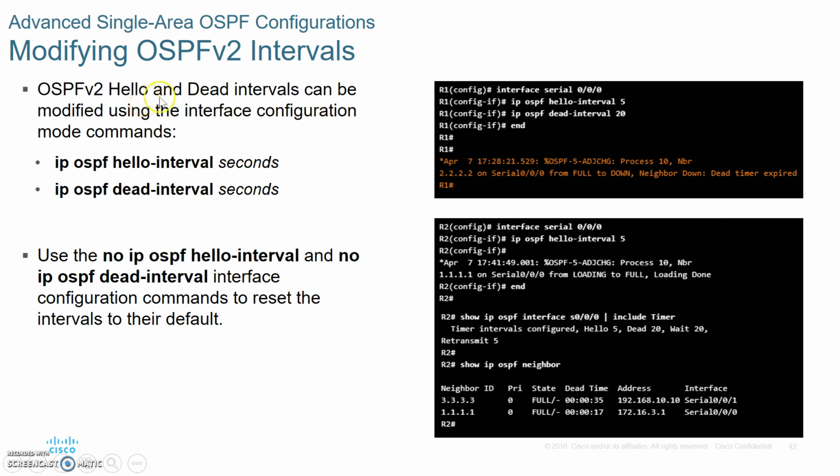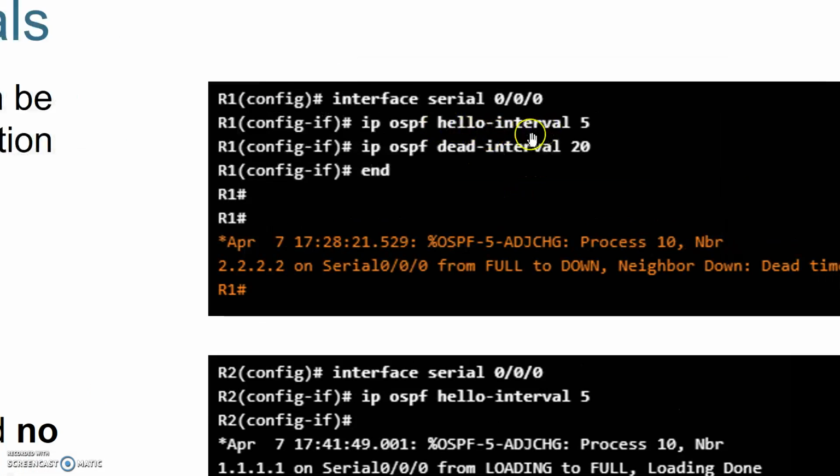So how do you configure the hello and dead interval? You can leave it as the default value, but if you don't like the default value, you can change it at the interface. You run the command ip ospf hello-interval and then the timing in seconds. So you can set 5 seconds for hello and the dead timer to 20 seconds. Once you change one side, you must change the other side.